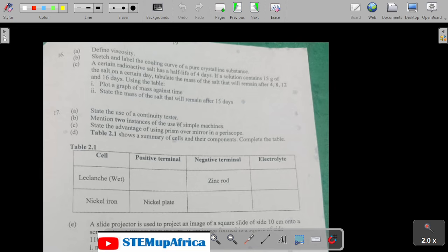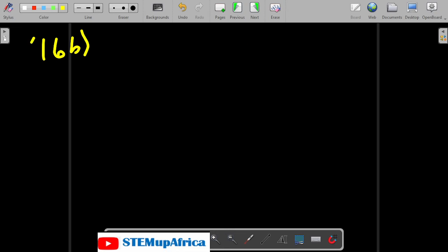Let's look at 16b. It says make a sketch and label the cooling curve of a pure crystalline substance. So how do we sketch the cooling curve of a pure crystalline substance? We're going to have something like this.